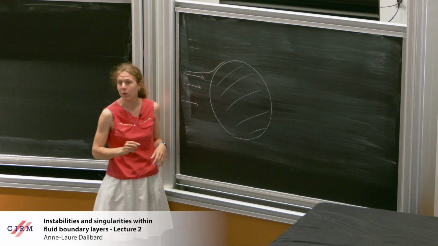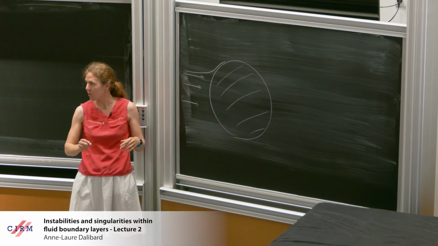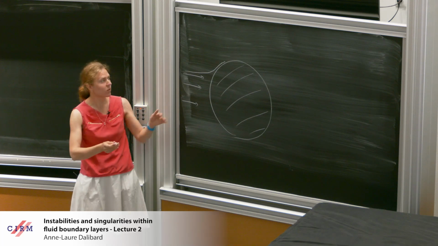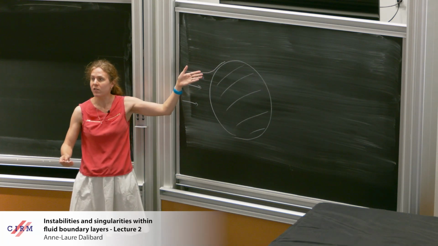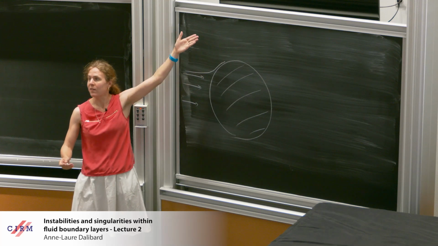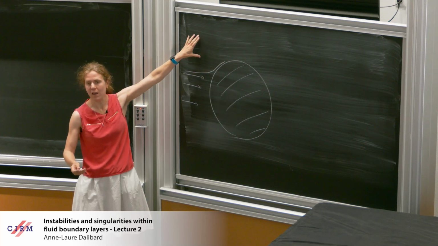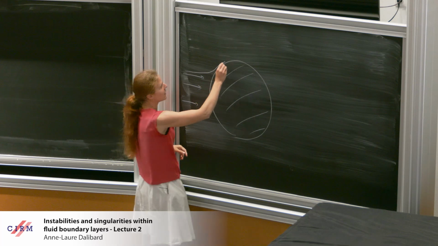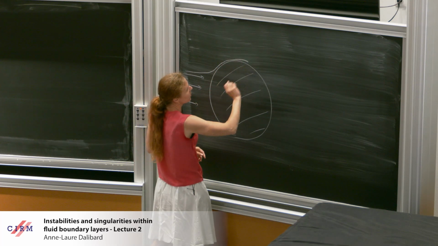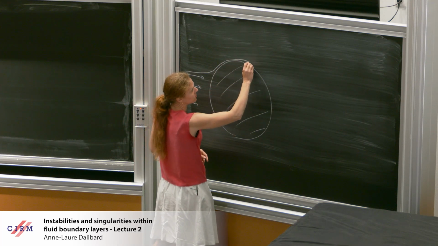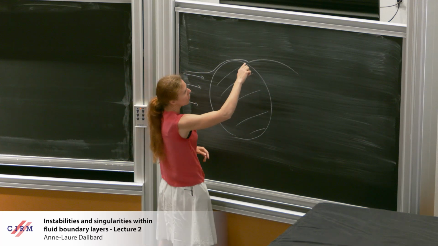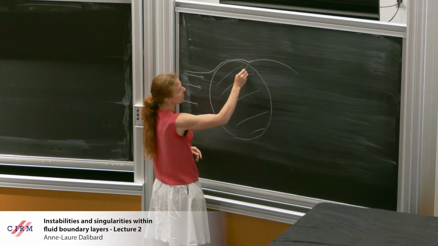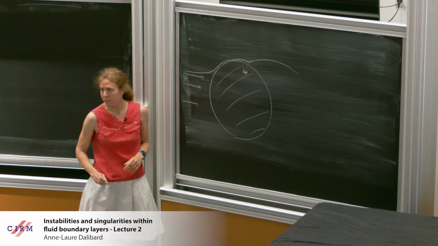So this is typically what I described yesterday, where you have a boundary layer with absolutely no recirculation. The tangential velocity remains of the same sign as the outer Euler flow. And then you reach a point where the flow detaches from the boundary. And the typical picture that you have is something like this. And so this is typically the separation point here, what I'm going to describe today.